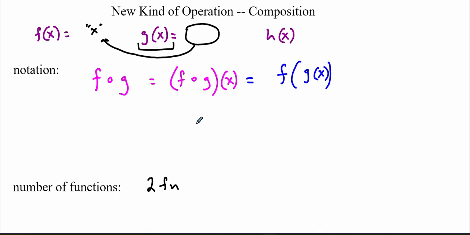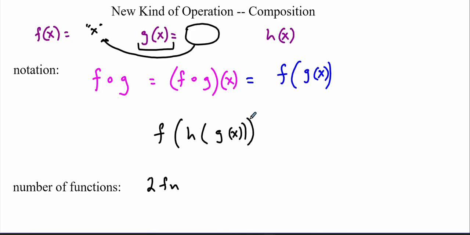In fact, I'll write it like this. If I have 3 functions, it could theoretically be like F, and what's inside here is H, and what's inside here is G of X. I just have to be careful about the pairing up of my parentheses. So these pair up, this pairs up. So I'm good.